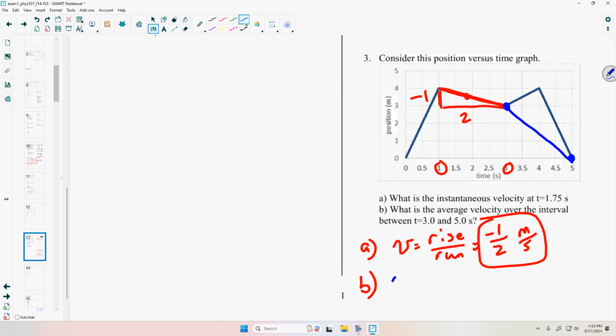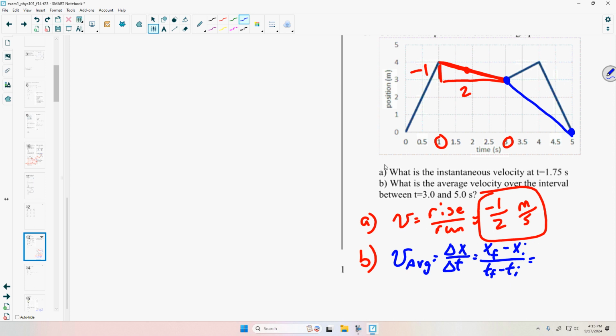Or I can think about it in terms of v average is equal to delta x over delta t, which is x final minus x initial divided by t final minus t initial. Recognize that's rise over run, right? X final minus x initial over t final minus t initial.